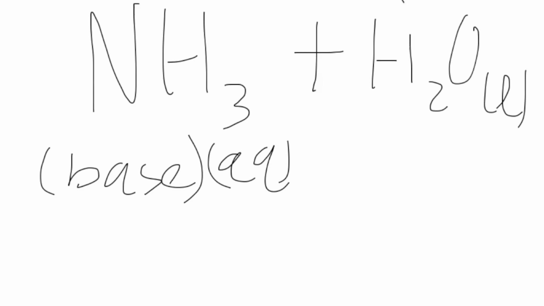from water. So water, which donates a proton, is an acid. And that's the Bronsted-Lowry definition of a base. Now, you're probably wondering how water can be an acid and a base?